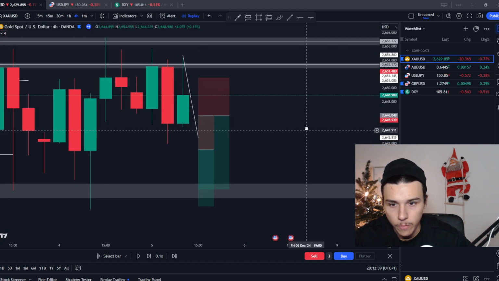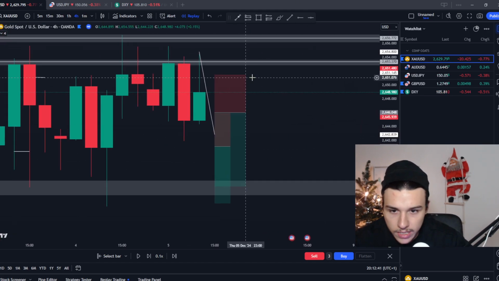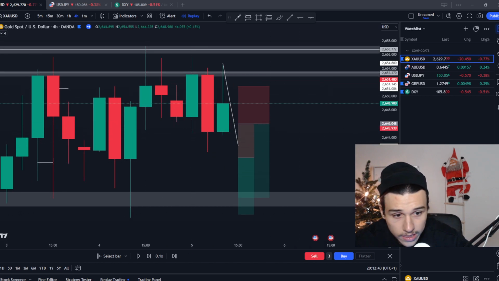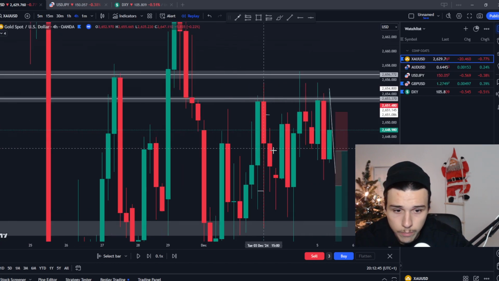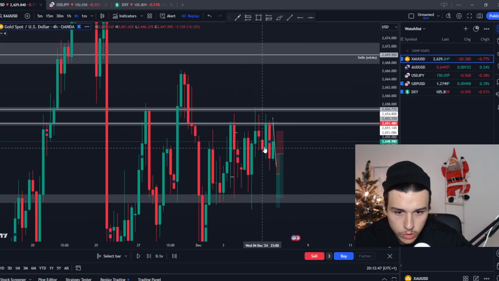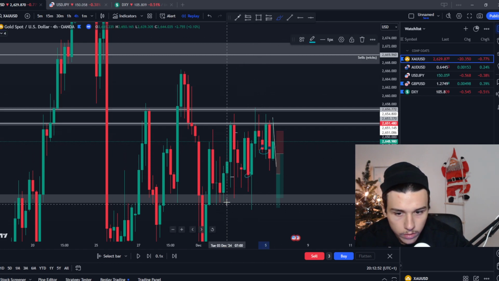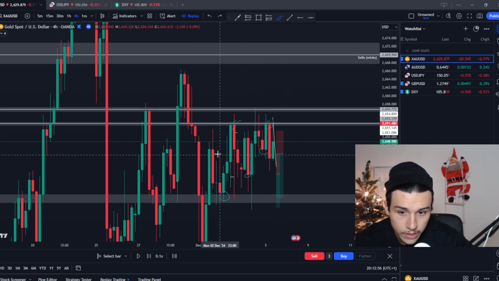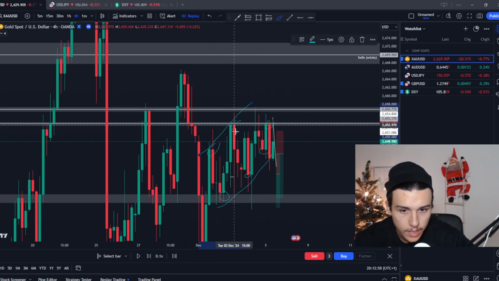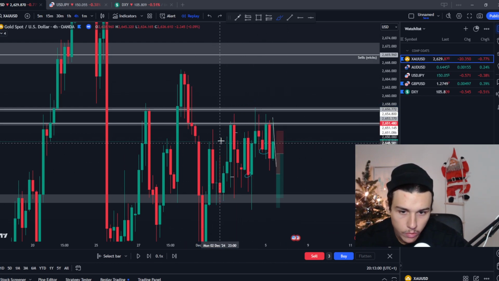Alright, so here's what happened on the 4 hour. Basically, we had the previous 4 hour close below the most recent higher low, right? So you have a higher low, higher low, higher low, higher high, higher high, which means you're in an uptrend. But we saw that we're starting to make a rounded top.